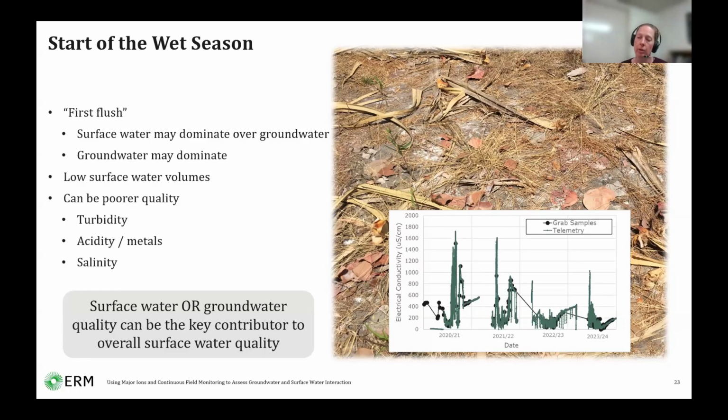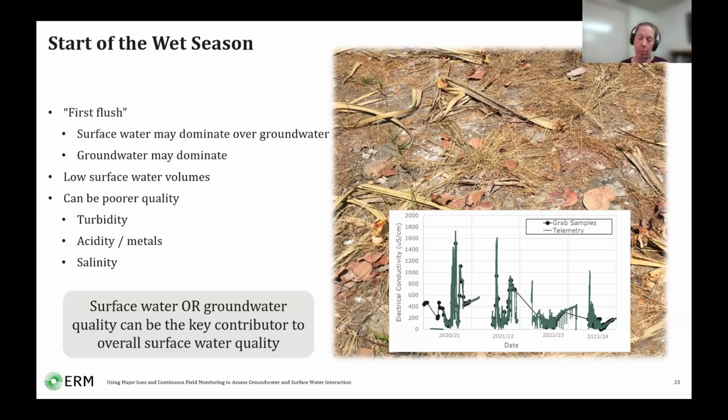Or conversely, the first flush that we see in surface water could be groundwater dominated due to catchment loading, which is an increase in groundwater elevations and discharge to surface water before there's enough rainfall runoff to produce decent surface water flows. This graph shows that the 2 earlier wet season groundwater levels were quite high, high enough that groundwater was able to discharge to surface water, which led to the higher electrical conductivity in 2020-2021 and 2021-2022.